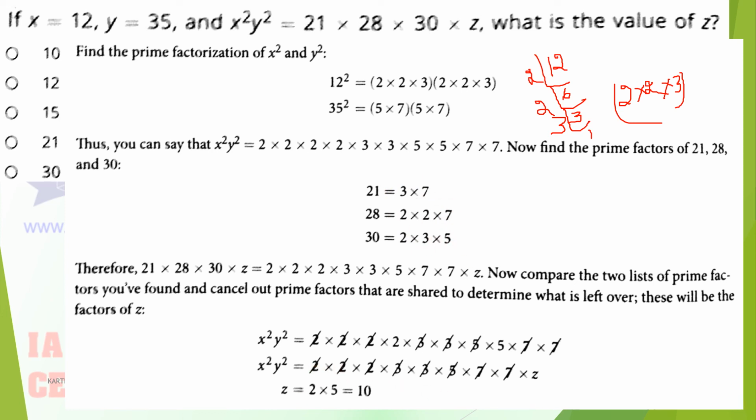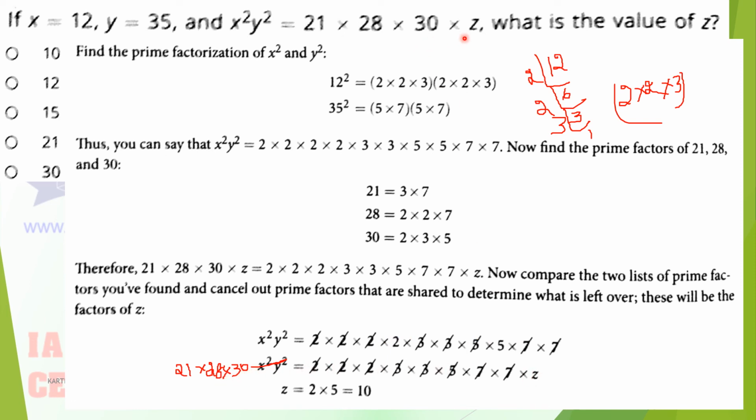Then write like this. So this is x square y square factors, and this is the 21 into 28 into 30 factors, and you will get into z also.